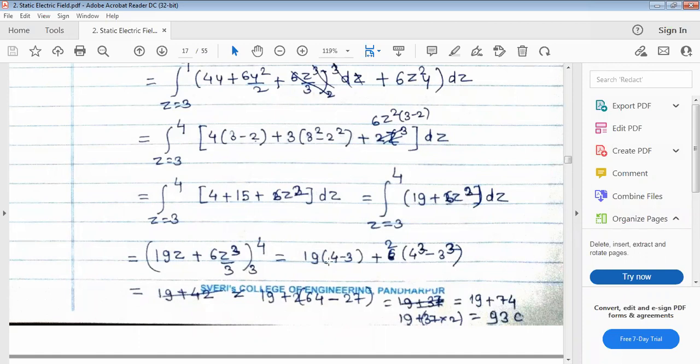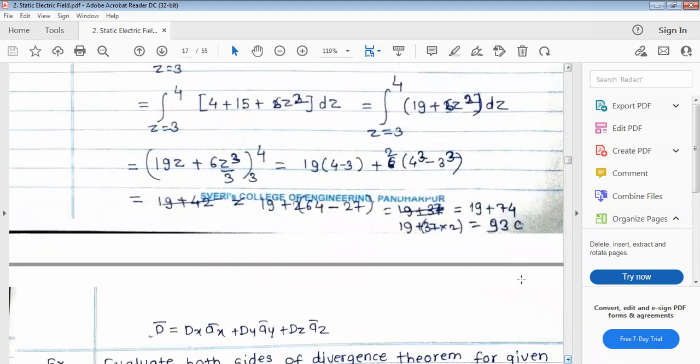So 19 z varying from 3 to 4 gives 19 times 4 minus 3, plus 6 divided by 3 times 4 cube minus 3 cube. If you solve this, you get 93 coulomb again. That means we are proving that the left hand side is equal to the right hand side, or we are verifying the divergence theorem.